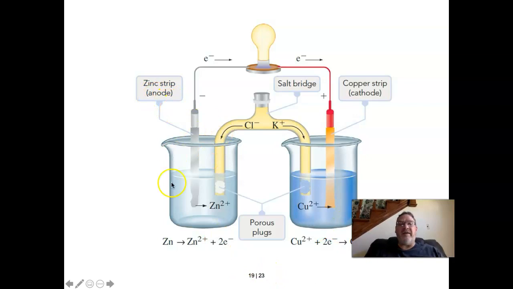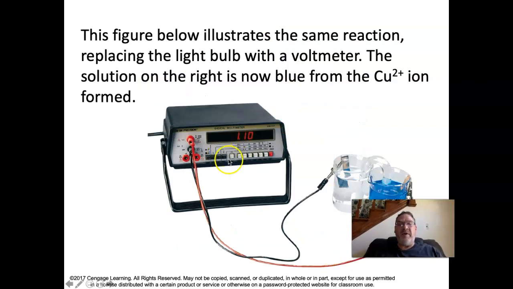Our anode over here is the zinc. The anode is where oxidation occurs. The cathode is where reduction occurs. We can use a voltmeter to show the movement of the electrons. So that 1.1, that's the voltage, that's the movement of the electrons in the system.